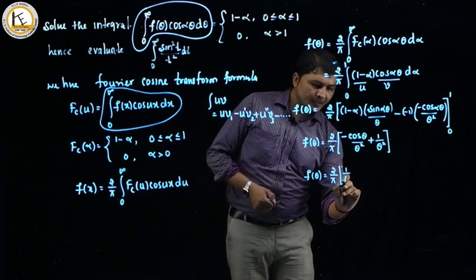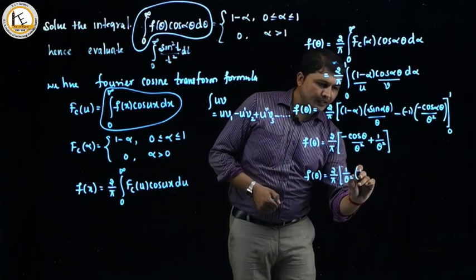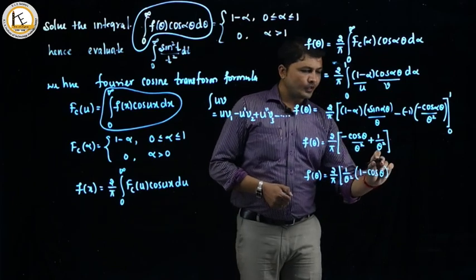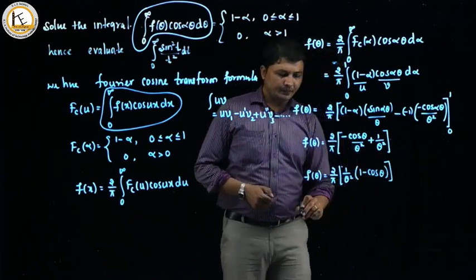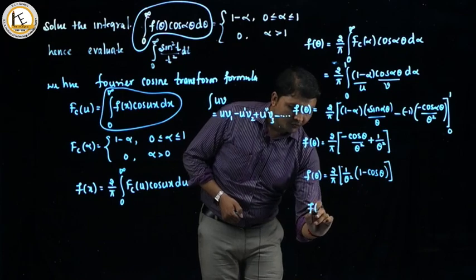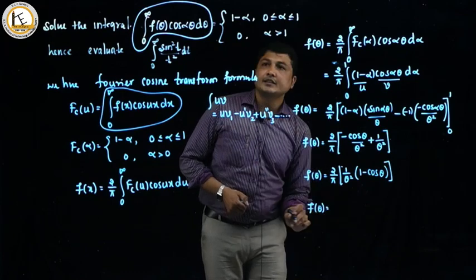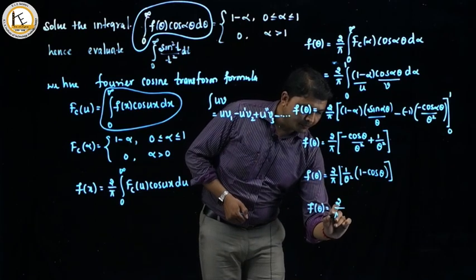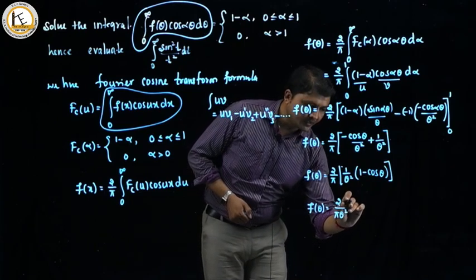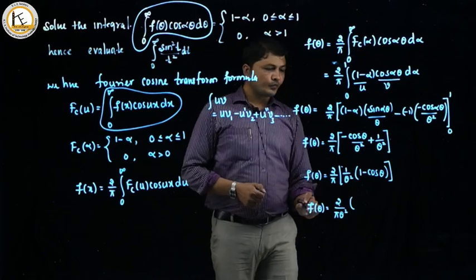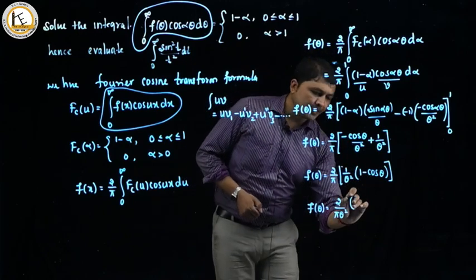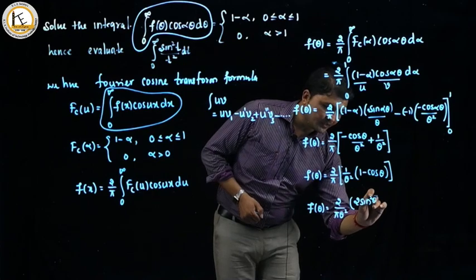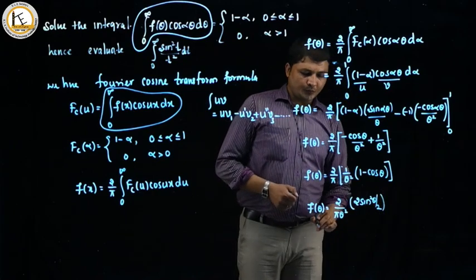Therefore f of theta is equal to 2 by pi in bracket 1 by theta square, I will take common, and it becomes 1 minus cos theta. Therefore f of theta is equal to 2 divided by pi theta square into 1 minus cos theta, which is nothing but 2 times sin square theta by 2.